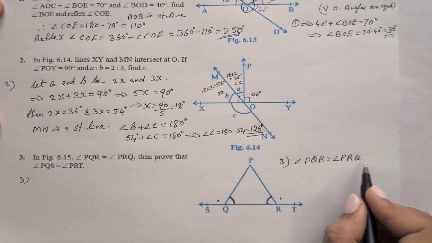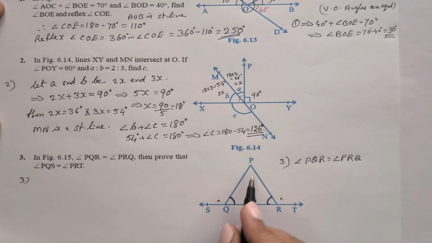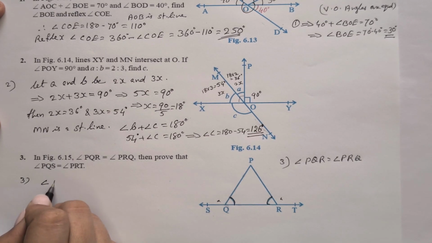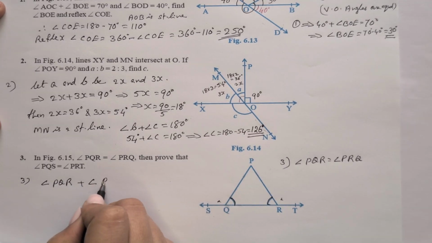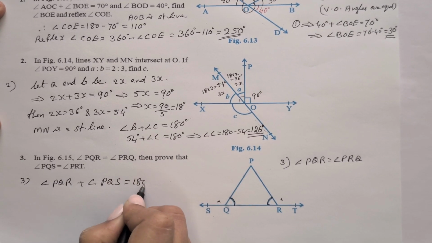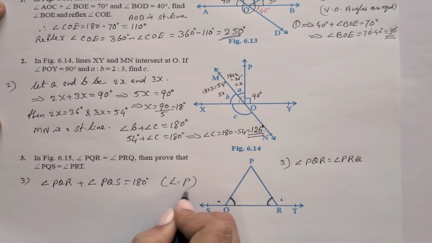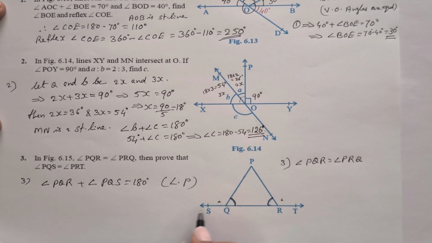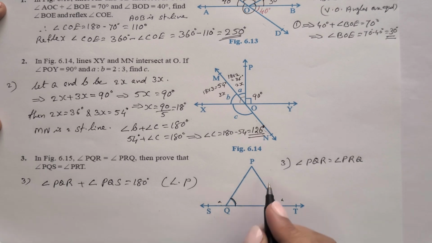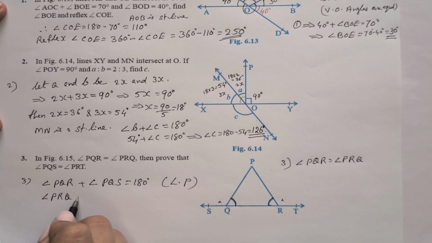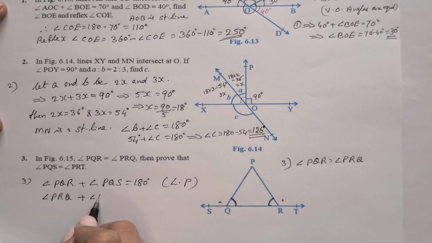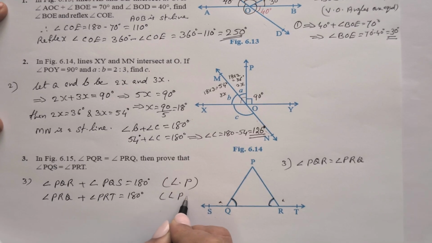Now we can write angle PQR plus angle PQS is equal to 180 degrees, linear pair. These two together, it's a linear pair. Same way here also, angle PRQ plus angle PRT is equal to 180 degrees, that also is a linear pair.